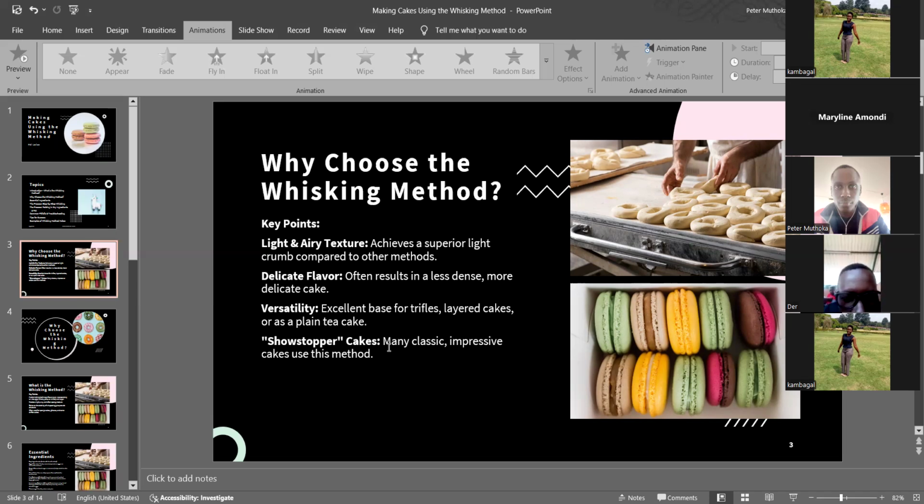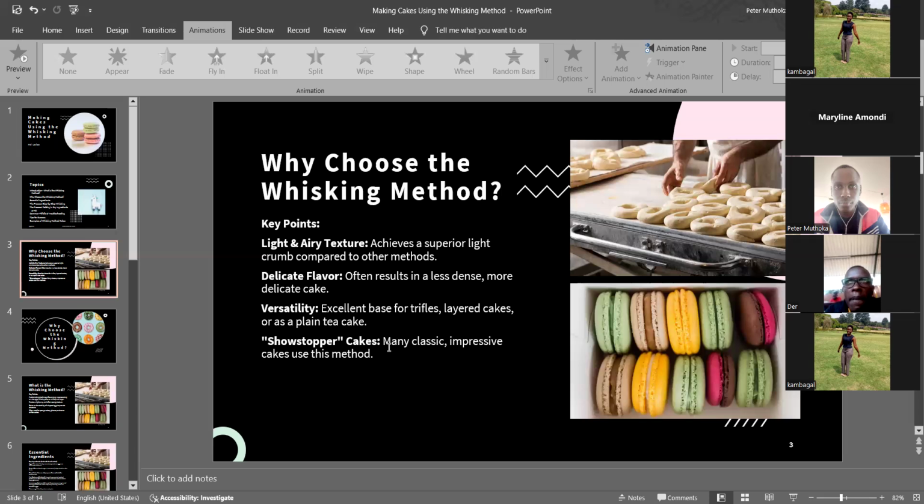The key points: light and airy texture, achieves a superior light crumb compared to other methods. Then delicate flavor, often results in a less dense and more delicate cake. Then versatility, an excellent base for fillings, layered cakes, or a plain tea cake. The last one is showstopper cakes, many classic impressive cakes. Okay, thank you. Let's appreciate him.